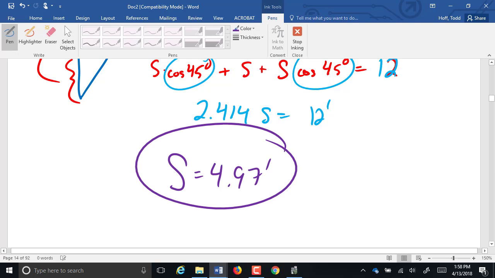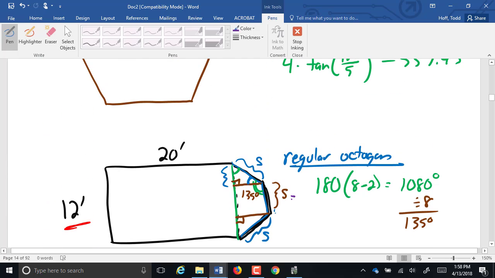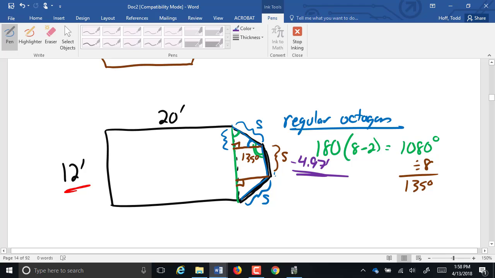With me so far? So s here is 4.97 feet. Everybody understand how I got that? Substitution, there you go. So what would the area of that full octagon be?